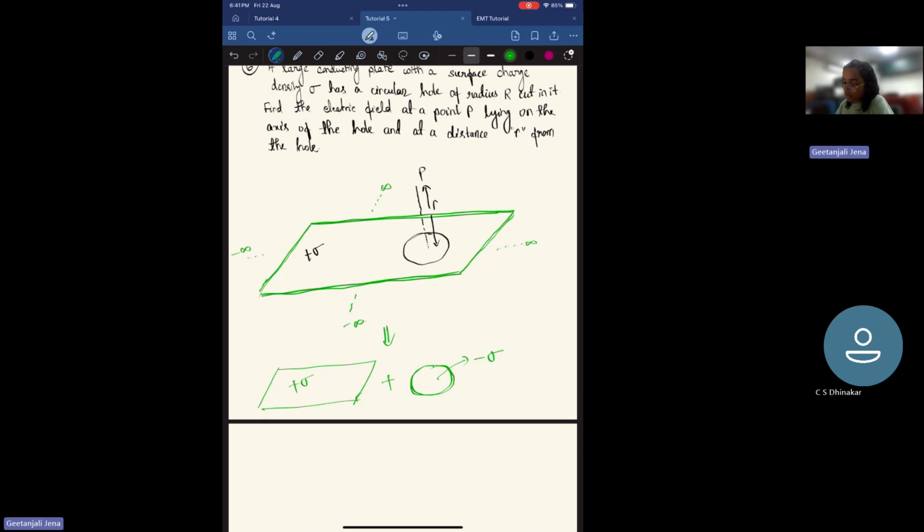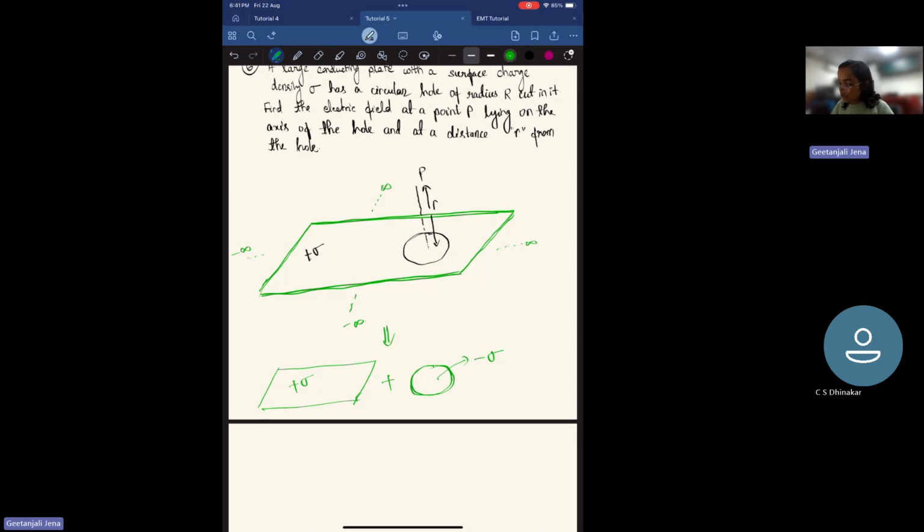When you superimpose these two, in the circular hole, plus sigma cancels with minus sigma, so there will be no charge. So we get a hollow circle with no charge.